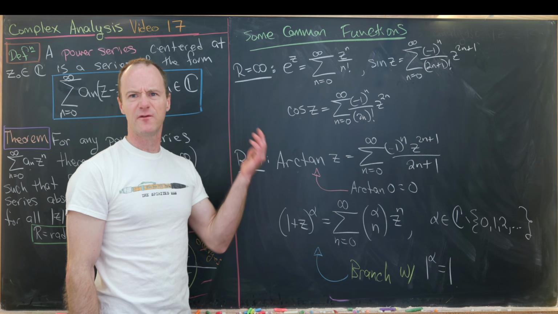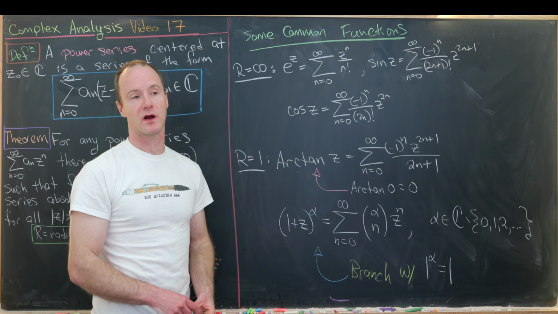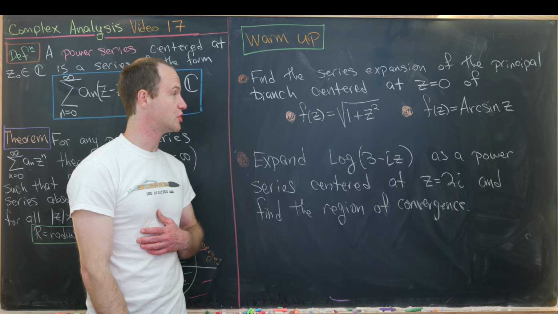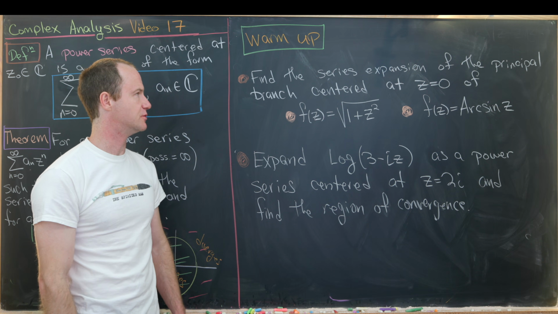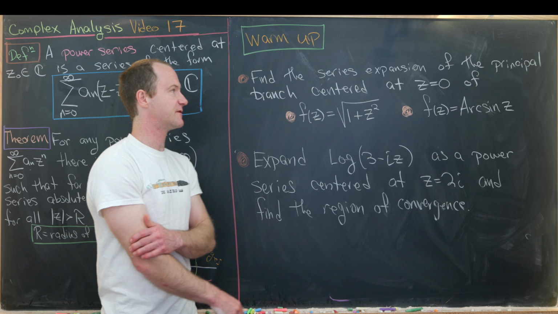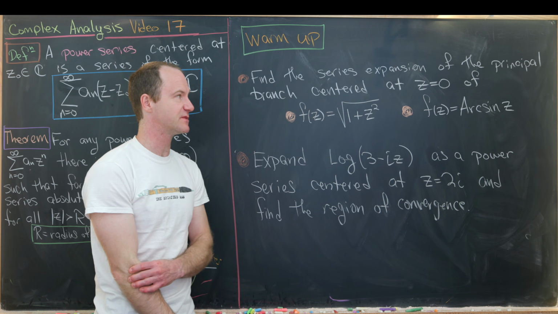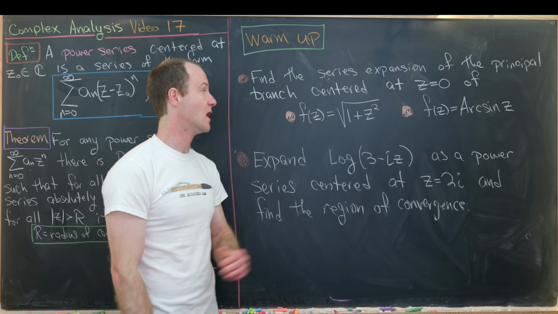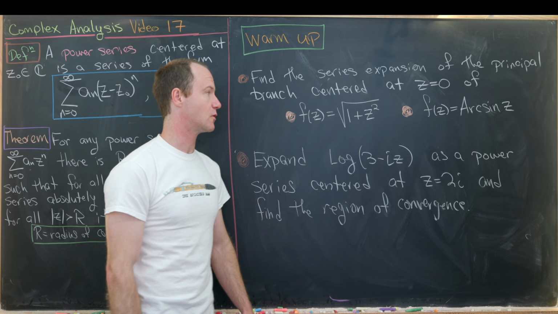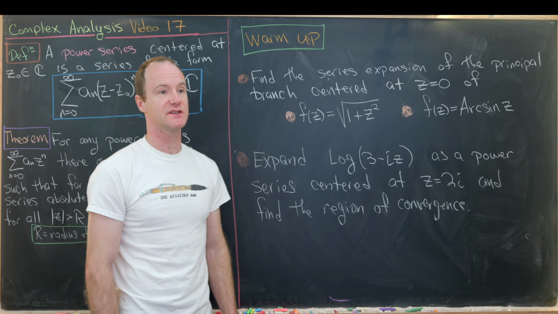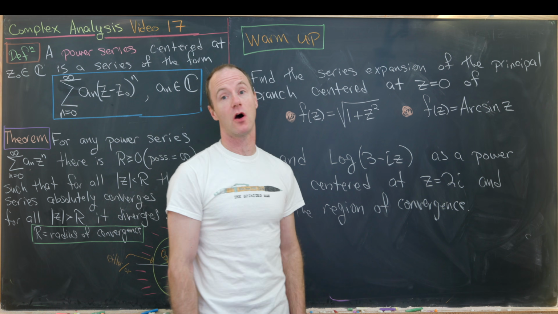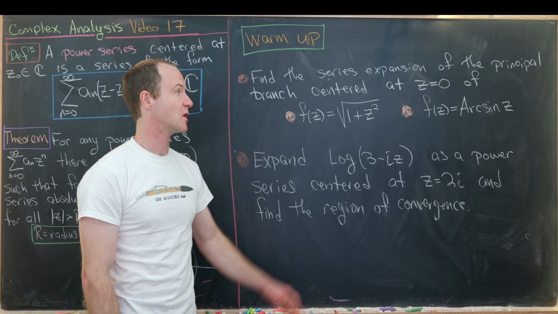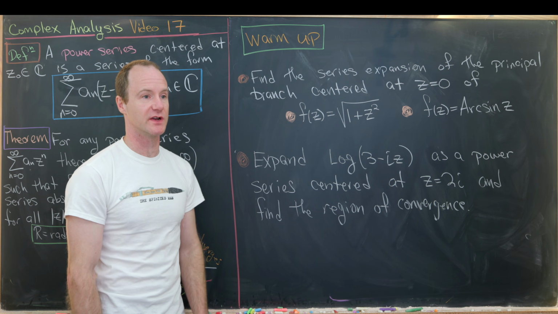Okay, so I'll finish off giving you guys some warm-up problems. So I'll leave you with two warm-up problems, one of which has two parts. So the first is to find the series expansion of the principal branch centered at the origin, z equals 0, of the function f of z equals the square root of 1 plus z squared and the arc sine of z, where, like I said, those are both principal branches.